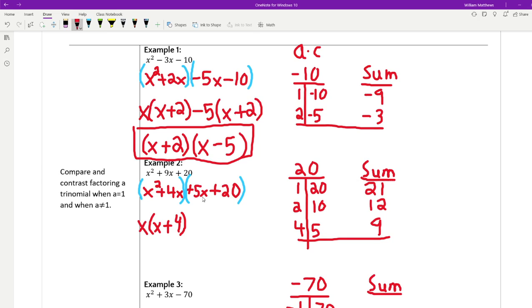And in our second set of parentheses, I divide out by 5, the greatest common factor. In this case, I notice that my x was positive, so I can leave my value as positive. This leaves me with x plus 4.